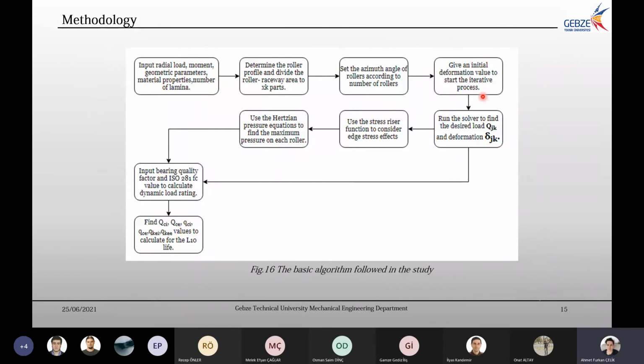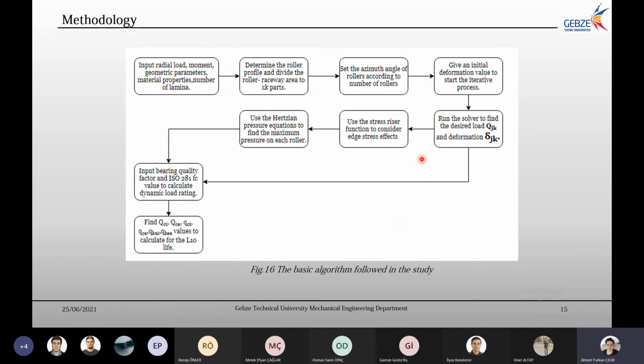Then the numerical method starts. I have an iterative method which tries to find the deformation depending on the load I give. I have an initial guess, and then the numerical method starts to find the deflection. After I find deflection, I use a stress riser function, which is given in the standard.